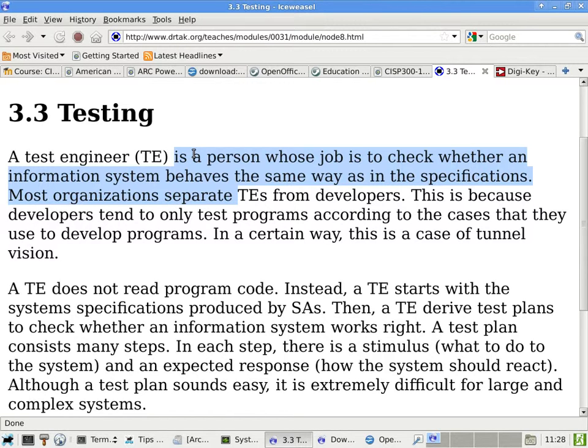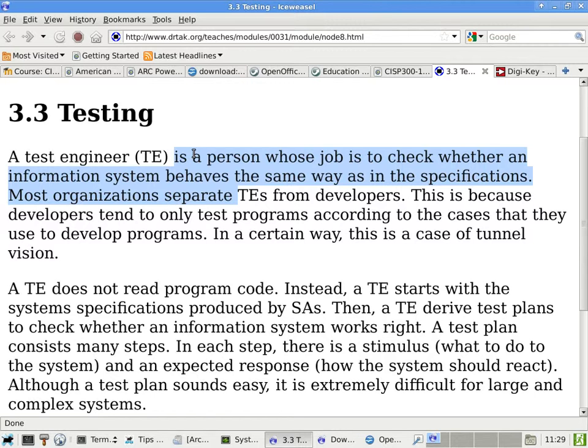Okay. Now, why don't we just ask the programmers to do the testing? Because they already know how it's supposed to work, and that's the way they'll see it. It'd be harder for them to notice a discrepancy. Exactly. If the programmers knew that the program is not working the way it's supposed to, they would not have written the program like that to start with.